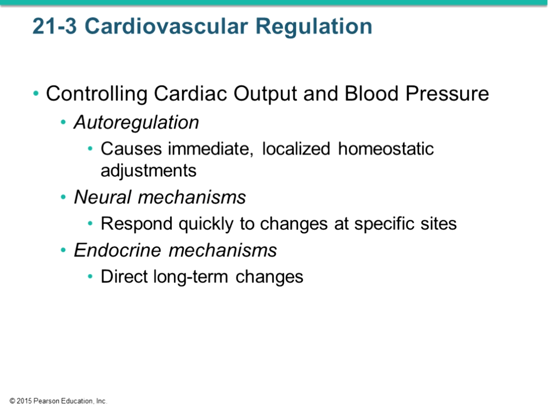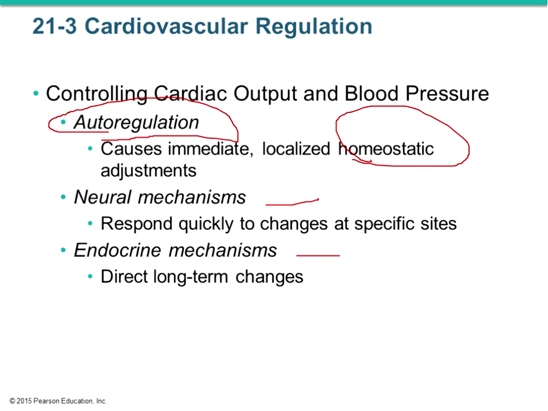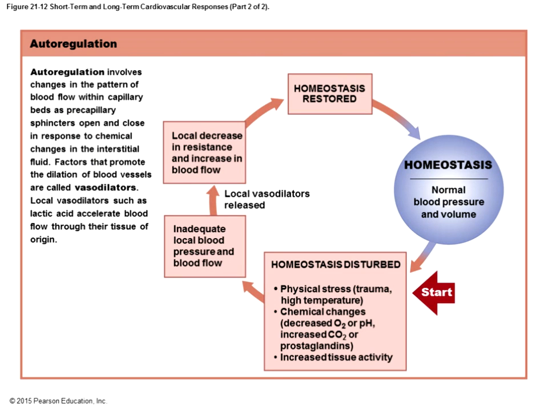And there are different ways that the body does this, okay? It can do it through what's called autoregulation, right, which is immediate, localized adjustments that help maintain homeostasis. We have neural mechanisms that we talked about, and then also endocrine changes. So autoregulation is basically just the change in blood flow within a capillary bed to alter blood flow.